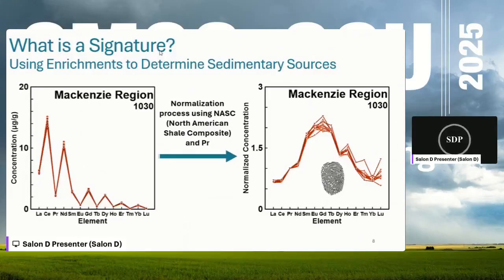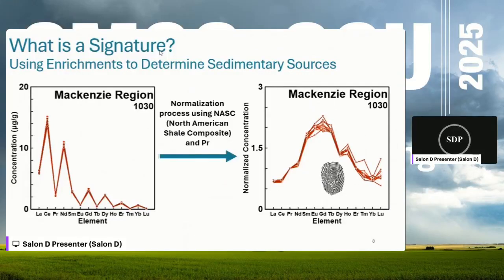First one with the North American shale composite to eliminate the sawtooth pattern, and then I did another normalization with praseodymium to make all the samples about the same concentration, so we can easily compare different sample matrices and different overall concentrations. Because what we want to see here on the signature is the relative concentration of the different groups of rare earth elements.